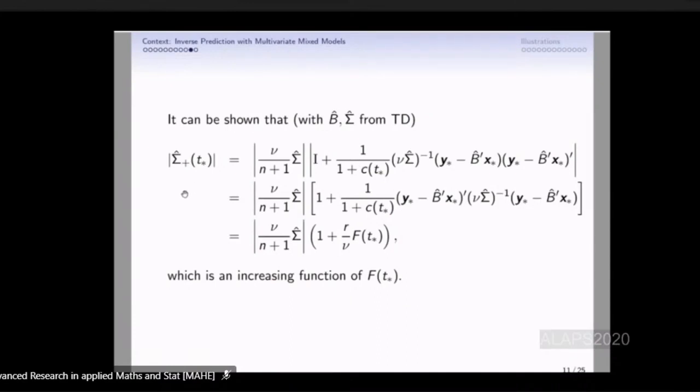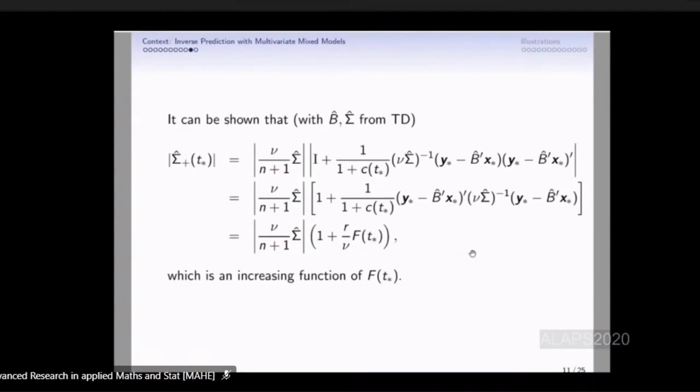Remember, the profile log likelihood is monotone decreasing of this determinant. This determinant, in turn, is monotone increasing in that test statistic, F of T star.